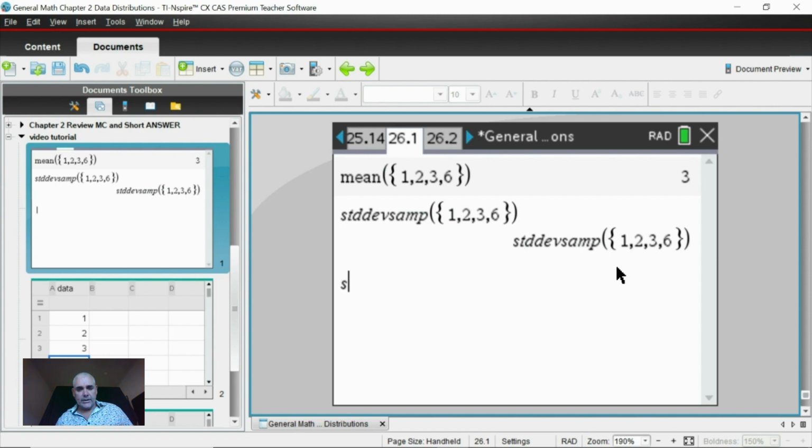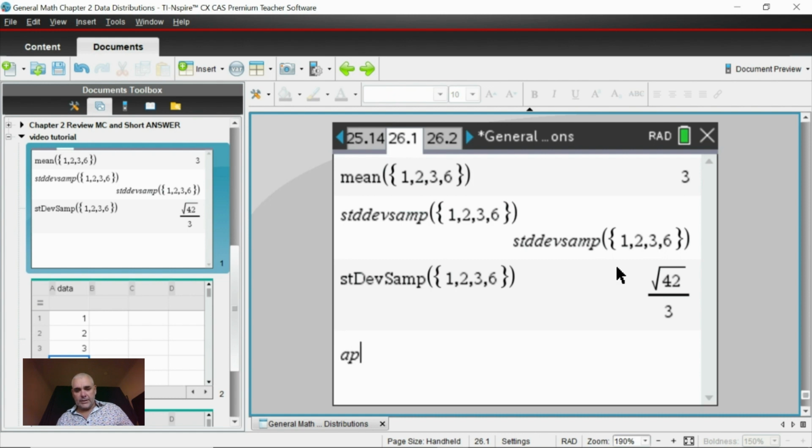I think I did. So I've ST for standard deviation, so DV and sample. Maybe I did that wrong, but I can quickly try this one out and see if I've got it right this time. Close the brackets and let's go.